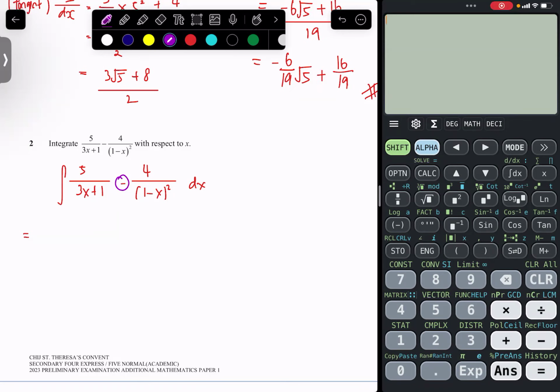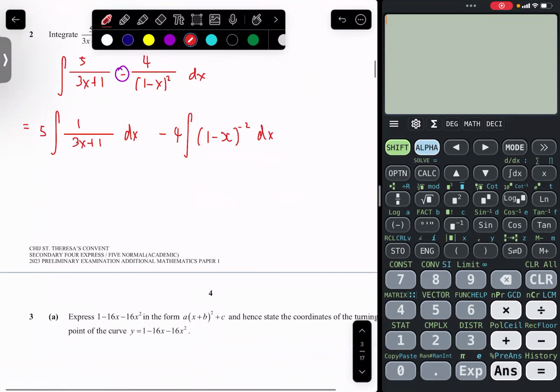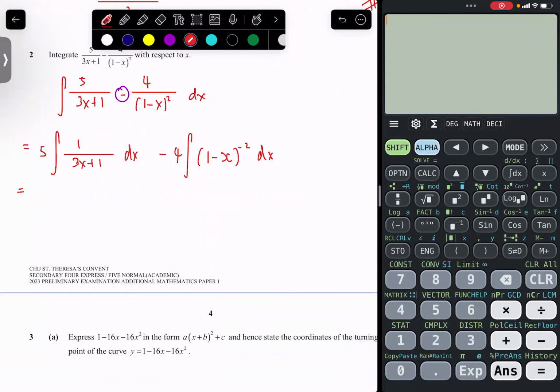So I can separate into the integral, taking out the 5, of 1 over 3x plus 1 dx, minus the integral, taking out the 4, of (1 minus x) to the power of -2 dx. Actually, there's no specific reason; I just felt it's cleaner to do it this way, so we have an easier understanding, doing integration part by part.